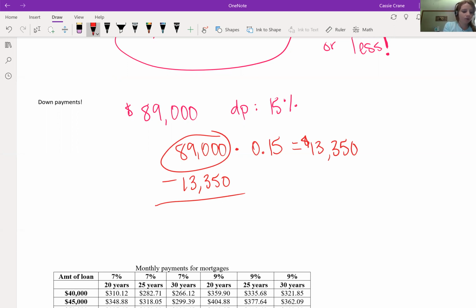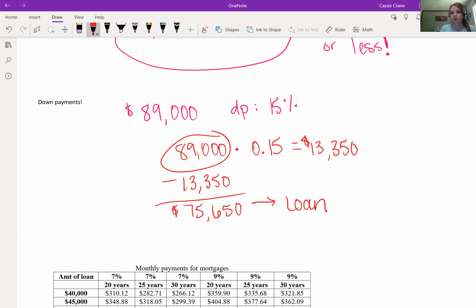So when we take that away, we're going to be left with $75,650. So this would be our principal for our loan, because remember, our principal is the amount borrowed.